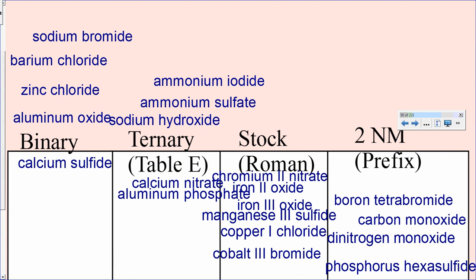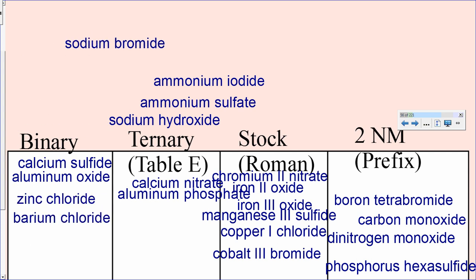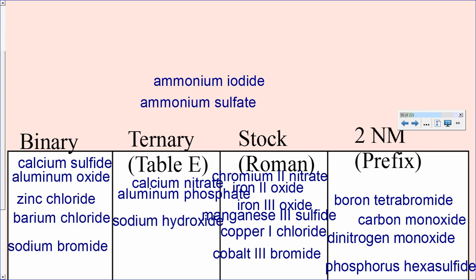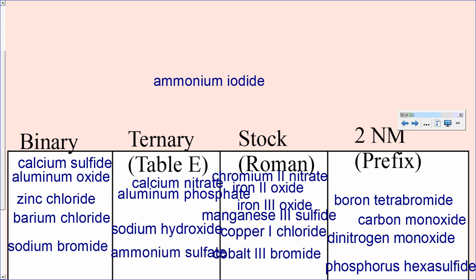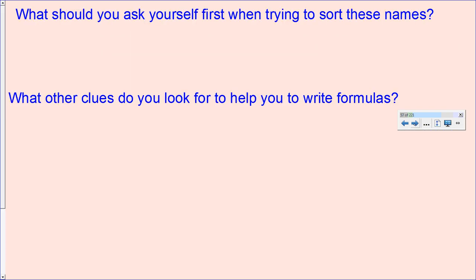So when we're looking at each of these, we just want to make sure that we're properly using table E when we need to. But again, all of these include doing crisscross. So that does make this a little bit more straightforward. We're going to crisscross with the first three types, but if we have prefixes, we don't need to. So what I like to think about: make sure that you're looking for Roman numerals.